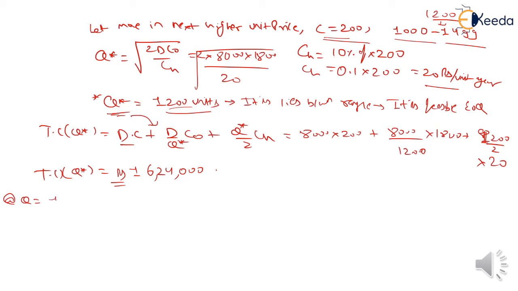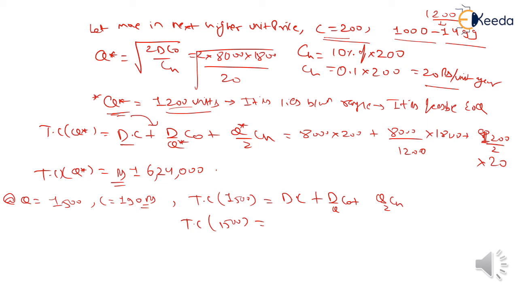At Q is 1500, in the given question the unit cost is rupees 190. So we can calculate the total cost corresponding to the 1500 lot size: D into C, the purchasing cost, plus ordering cost, plus holding or carrying cost.